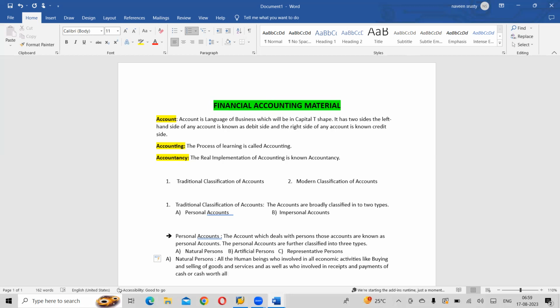All those persons are considered as natural persons. Clear?